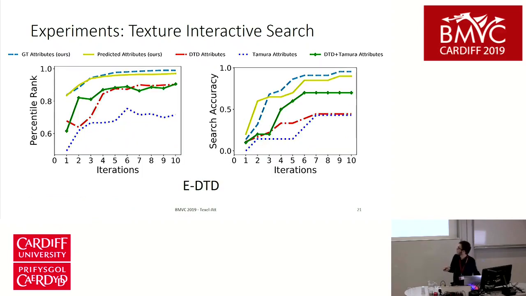But we also tested on the EDTD dataset, which is the dataset that we extended earlier with bounding box annotations. And here, the comparative approaches work better than before, but this is a given since they are trained on the data that we are testing on. And while our approach is only trained on synthetic data and is testing on this real data, we still perform better, and we also observe here the behavior that ground truth attributes perform slightly better.